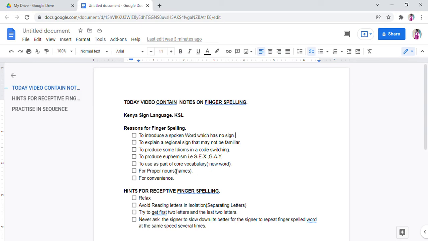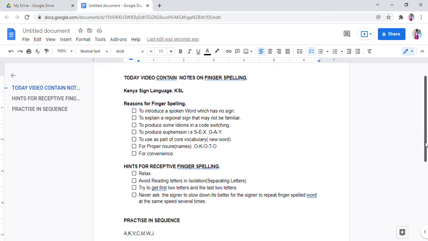For proper nouns, things like names, let's say you have Okoto, and you don't know the related sign for Okoto, you will have to fingerspell. And again, it's for convenience. You will have to be certain, because if you don't know a sign, it is better to fingerspell than to sign a wrong thing, which will definitely mean something else altogether.